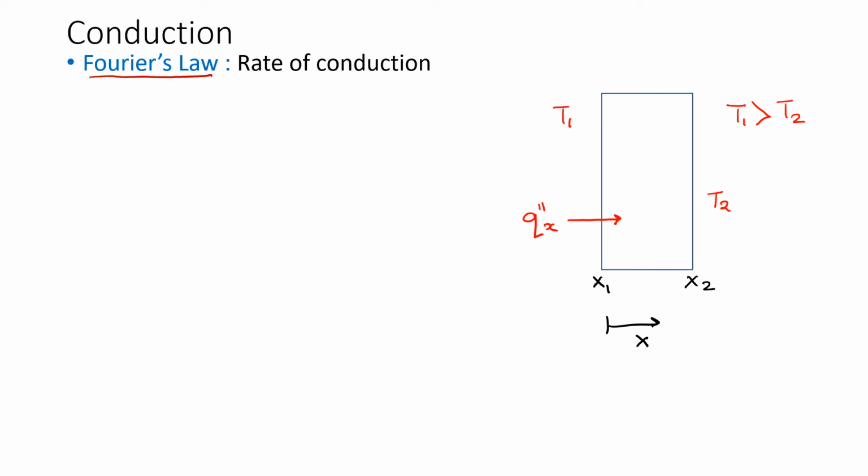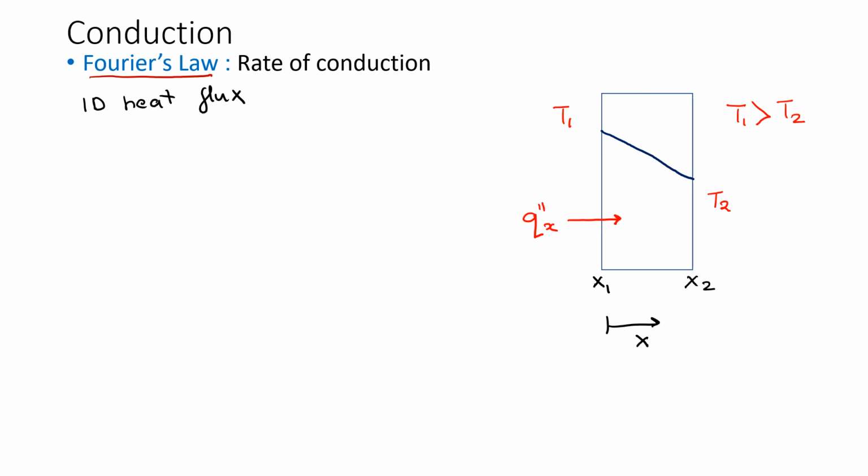The temperature distribution within the object will look something like this. The left surface will be at a higher temperature, the right surface will be at a lower temperature, and the temperature within the body will gradually decrease. This is an example of a one-dimensional heat flux.